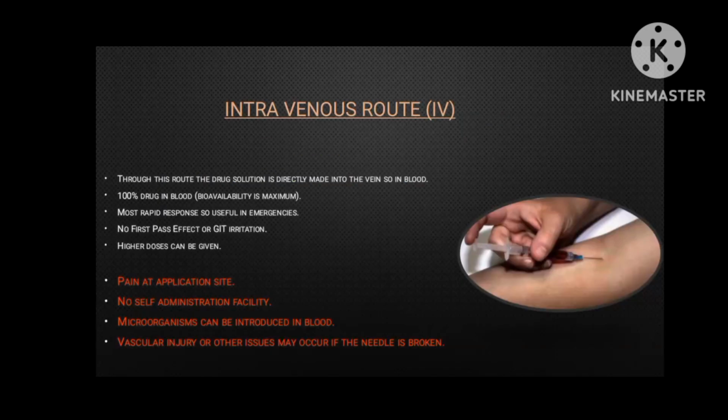Through this route, the drug directly enters the blood, so there is maximum amount of drug in blood, which means 100% bioavailability. As the drug gives most rapid response, this route is suitable for emergency situations. There is no first pass effect or irritation in stomach or GIT.